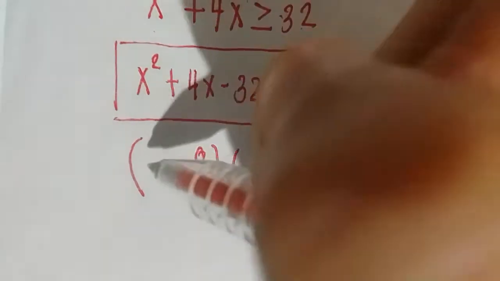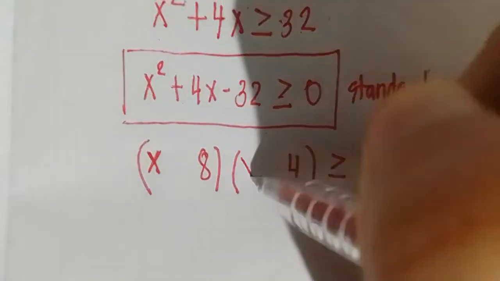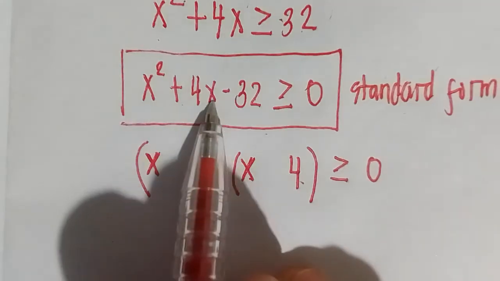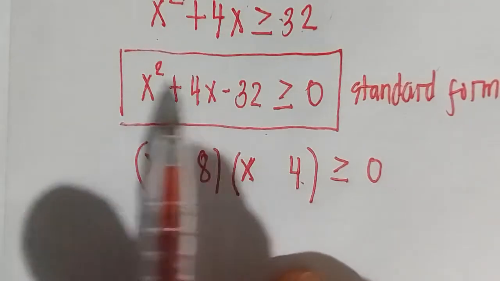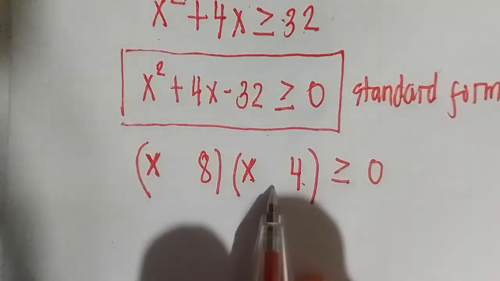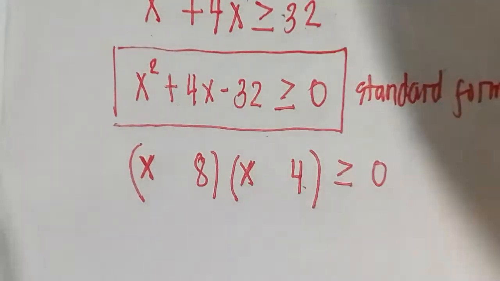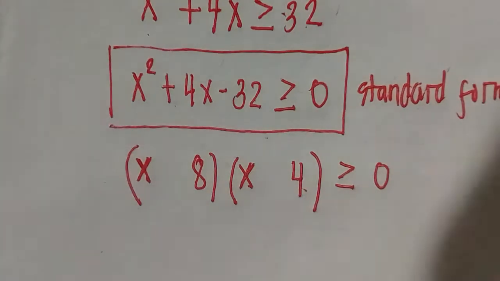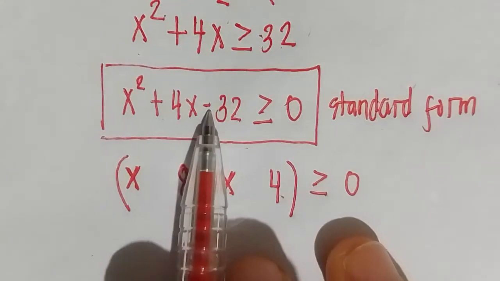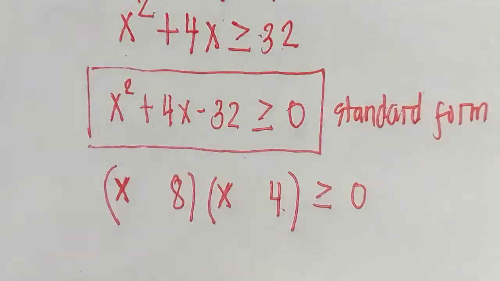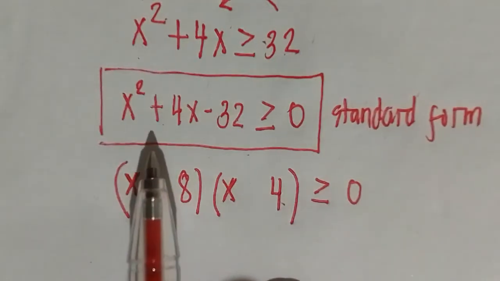Now, the first term in each binomial is the variable x, which in our example is x. So I used x as the first term of each factor, each binomial. Now, for the signs, since it is negative, again, one should be positive and the other negative. Now, the sign of B.